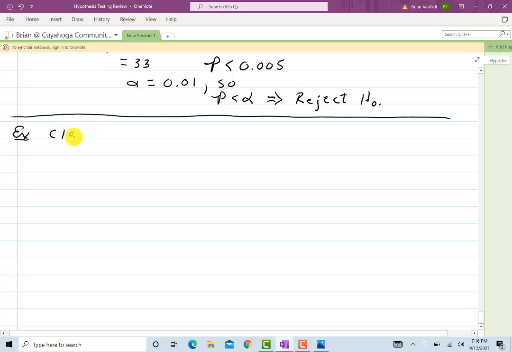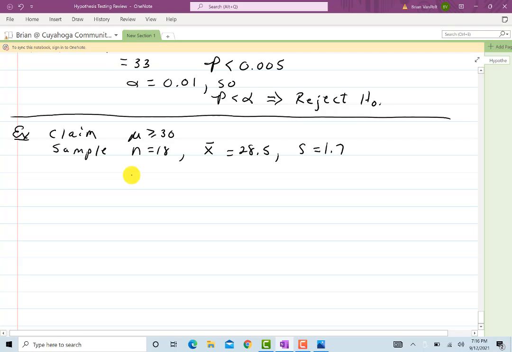So anyways, let's do a claim. In this case, my claim is that mu is greater than or equal to 30. And here's my sample. N equals 18, X bar equals 28.5, and S equals 1.7. Now notice that N is not greater than or equal to 34.